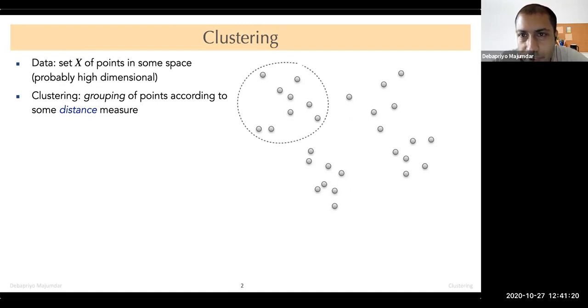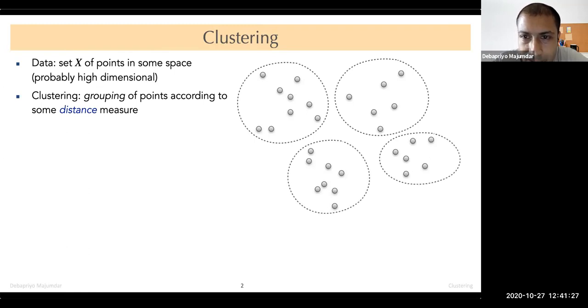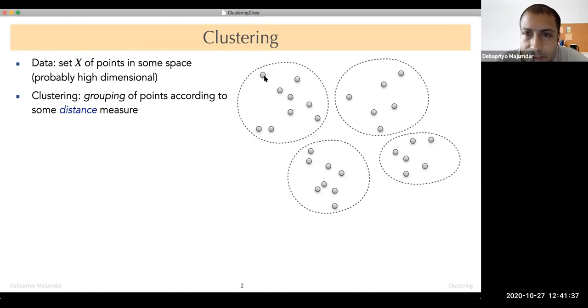The grouping of points in this case can look like this. If the data is so nicely separated, then it may look like this. And then we can intuitively say that these set of points are one group, these set of points are another group, and so on, which means they fall into one category, these fall into one category, and all that, right?